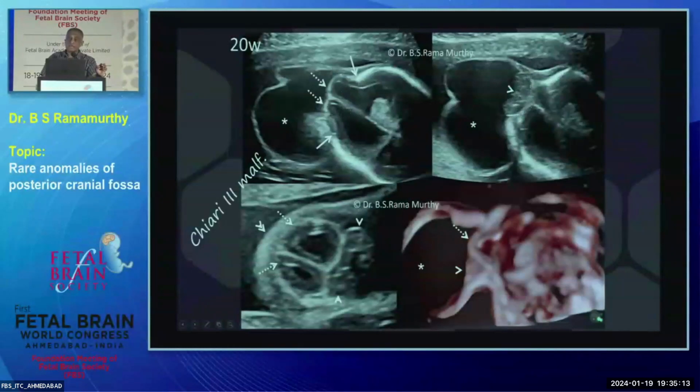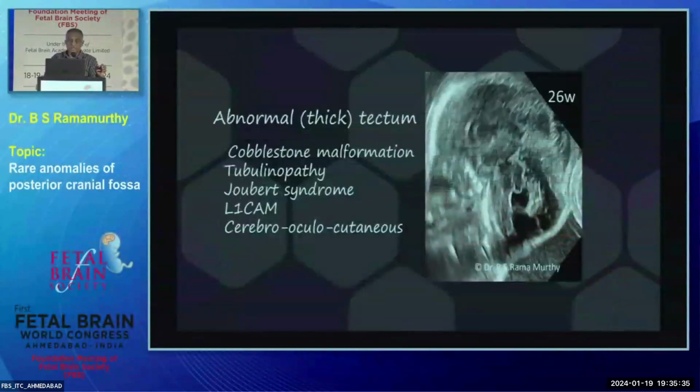The whole cerebellum is outside. And when you do a coronal, you find the occipital lobes outside, and you find the coronal of the cerebellar lobes outside. You do your rendered image, you find the occipital horns out, and this is the cerebellum, and this is classical Chiari-3 malformation that we have seen.